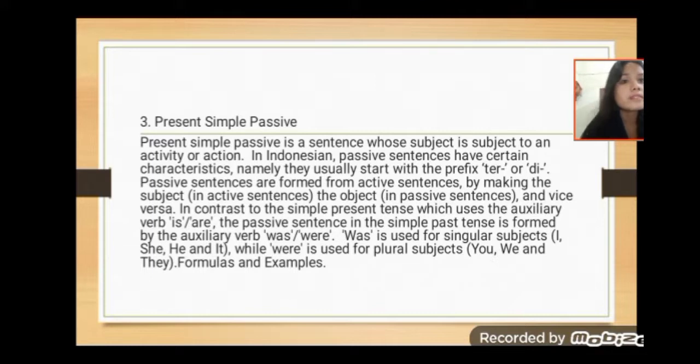In contrast to the simple present tense, which uses the auxiliary verbs is and are, the passive sentence in the simple past tense is formed with the auxiliary verbs was and were. Was is used for singular subjects she, he, and it, while were is used for plural subjects you, we, and they.